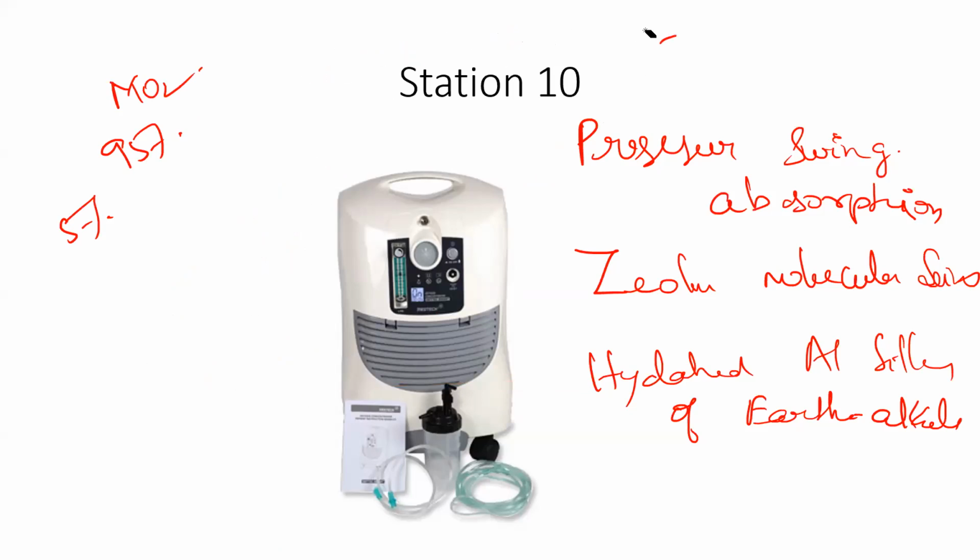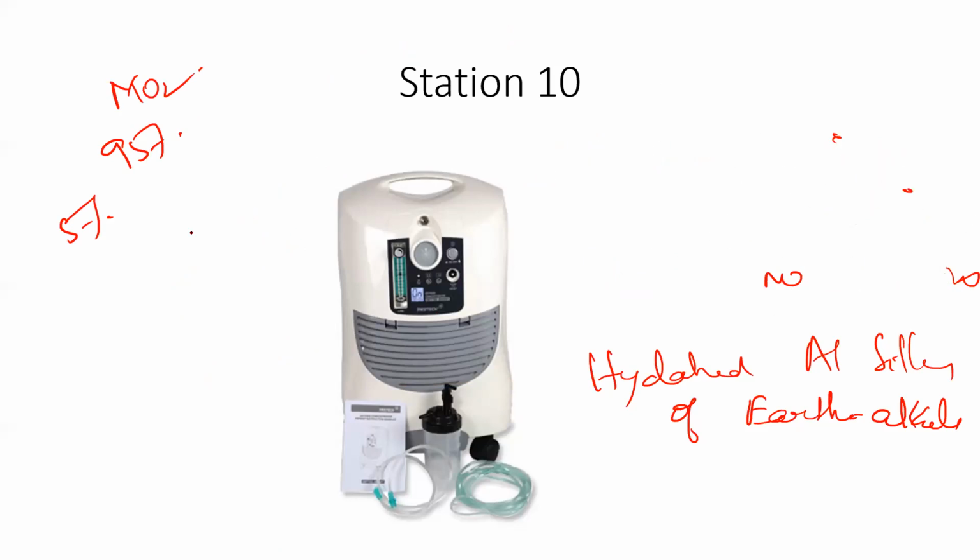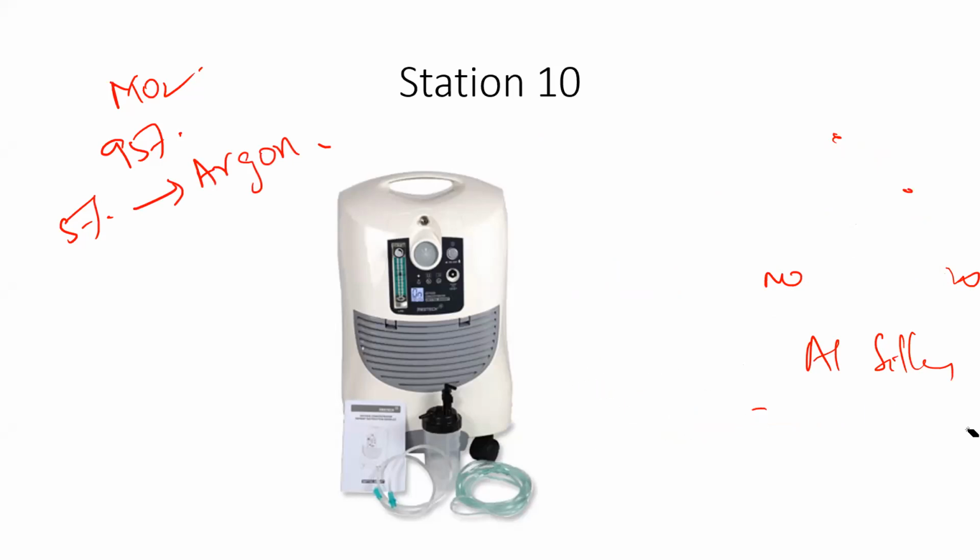No. So the remaining 5% is due to impurities caused by argon. Argon is the only inert material which is not filtered by this zeolite molecular sieve. So argon is acting as an impurity, causing the oxygen concentration to drop to 95%. The remaining 5% is contributed by argon. Argon is a major source of impurity in the oxygen concentrator.